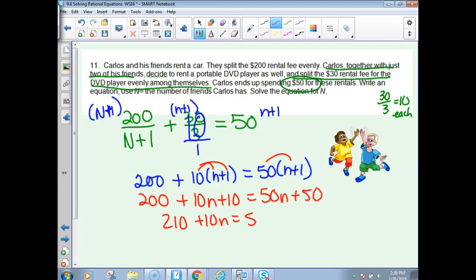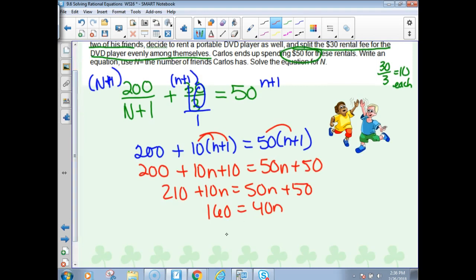We could probably have skipped a step there. Subtract 10n, subtract 50, that's 160 equals 40n. And then we divide by 40, and Carlos has 4 friends.